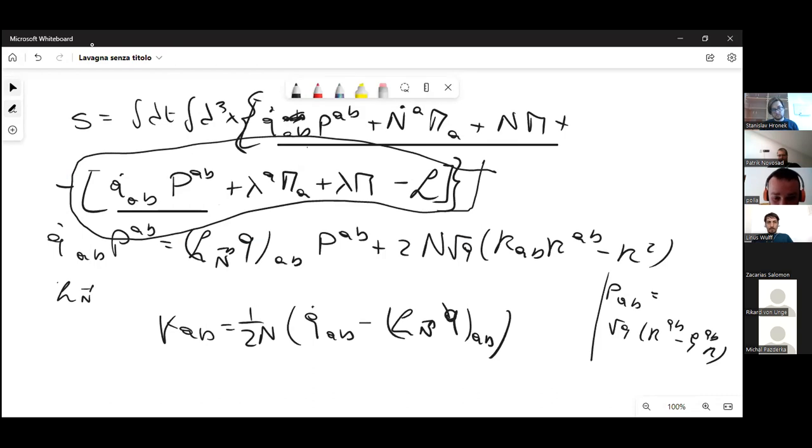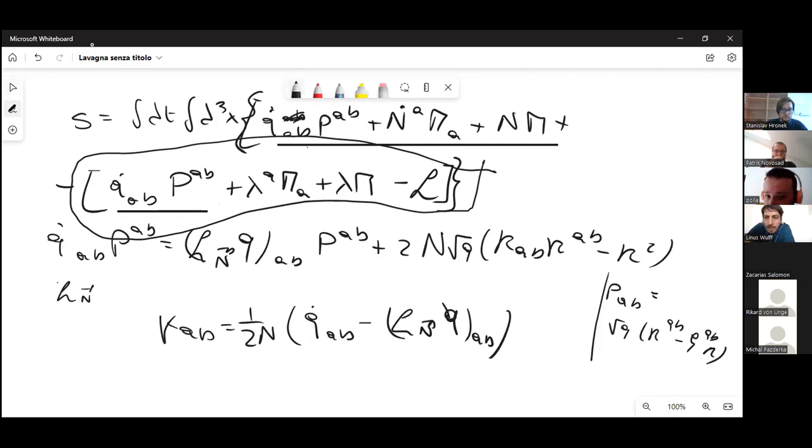What is the definition? From the Hamiltonian, it's just given by Q prime AB P AB plus these two terms here, which are equal to this minus the Lagrangian. So just the Legendre transformation. Yeah, it's just the definition of the Hamiltonian.